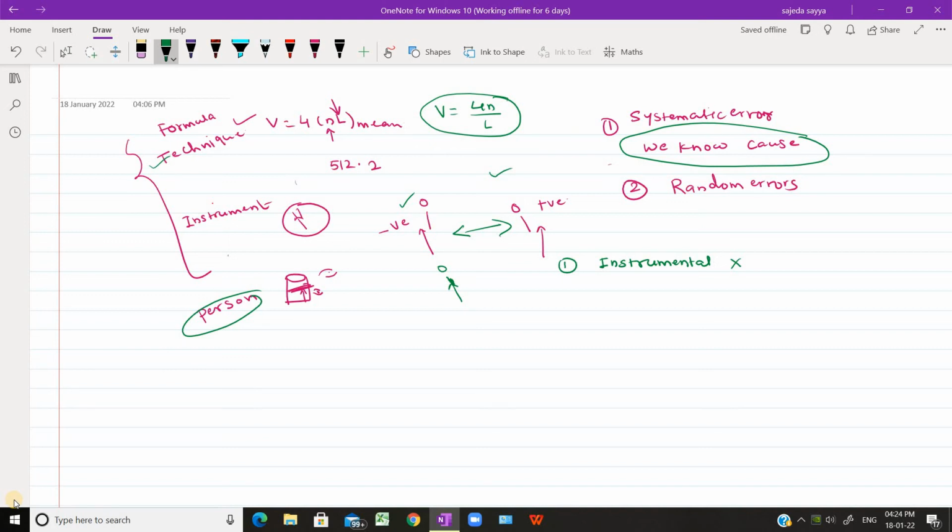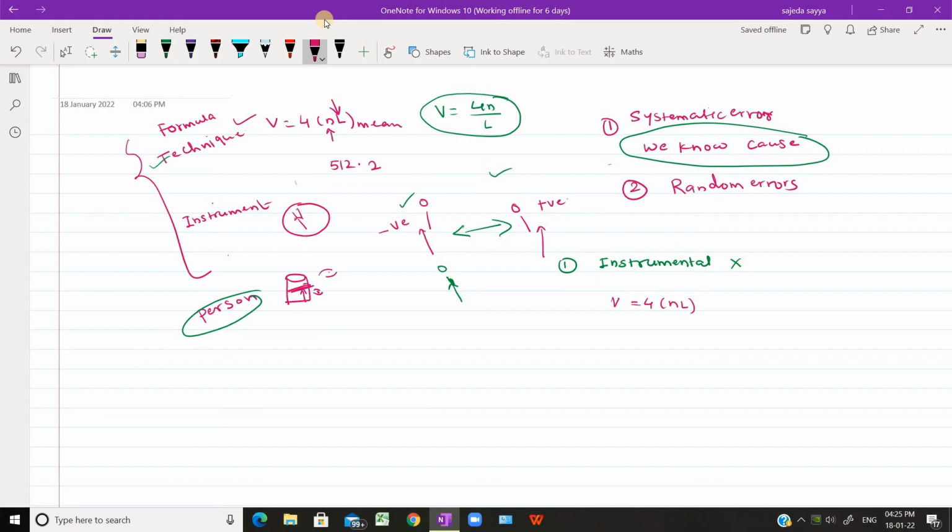For example, if you are asked to perform an experiment under controlled atmospheric conditions, say using the formula v = 4nl, by which you measure the velocity of sound using a resonance tube.